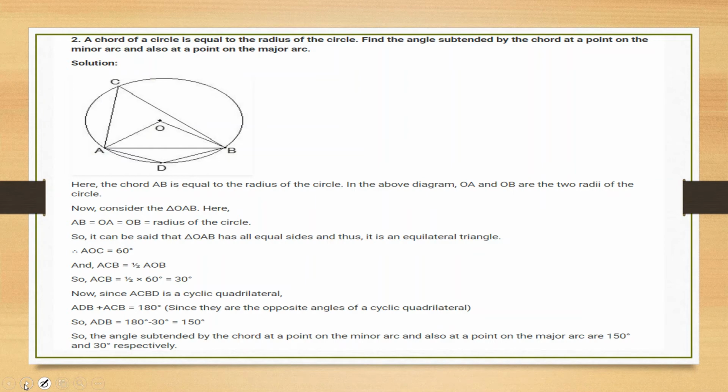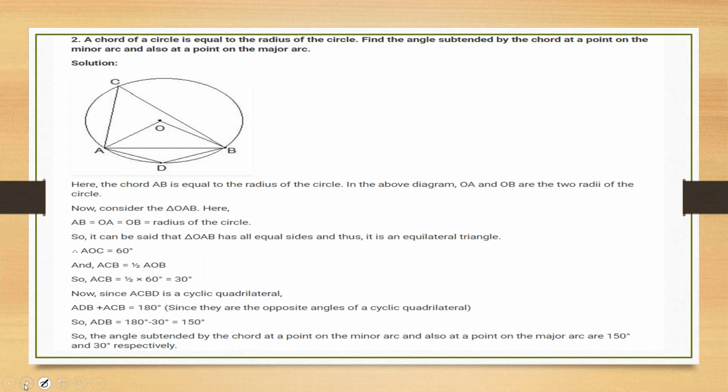Now, since ACBD is a cyclic quadrilateral because all the 4 vertices are on the circle, in a cyclic quadrilateral there is a property that opposite angles sum is 180 degree. So, angle ADB plus angle ACB equal to 180 degree.